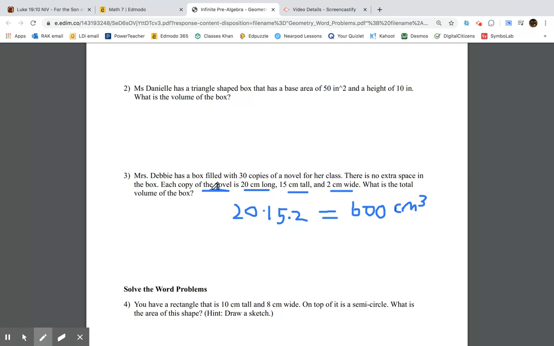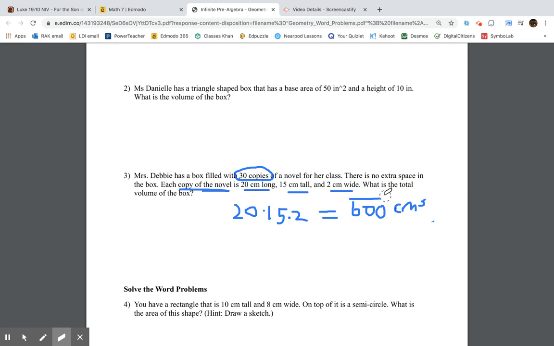That's only one novel. Well, how many novels do we have? We have 30 of them. So what are we going to do to get the 30 novels? If that's the volume of one novel, what would be the volume of 30 of them?